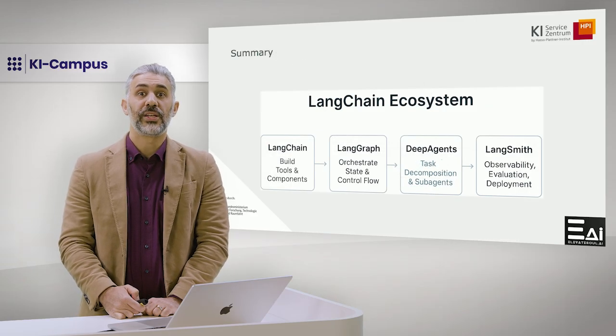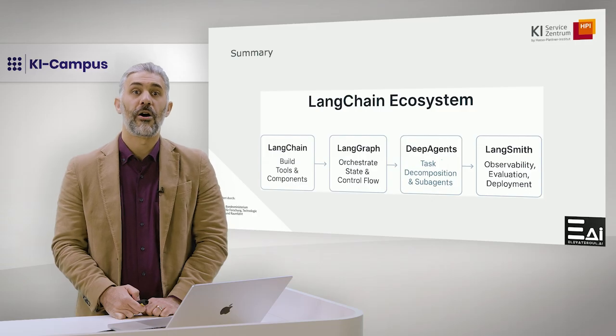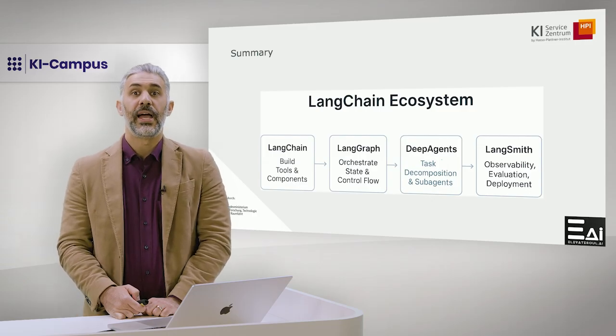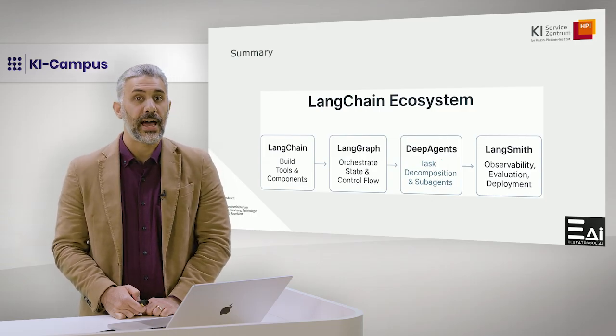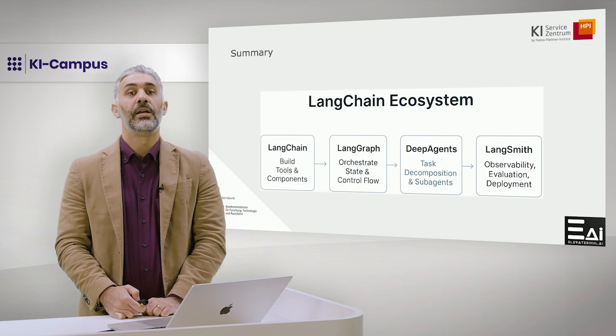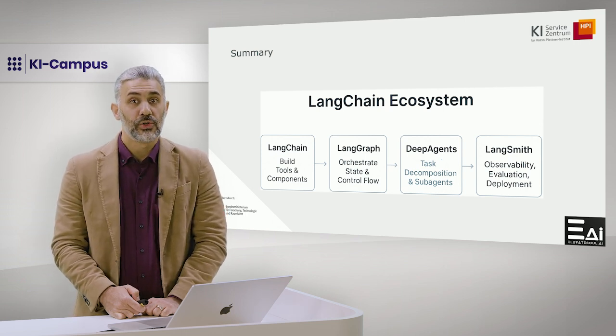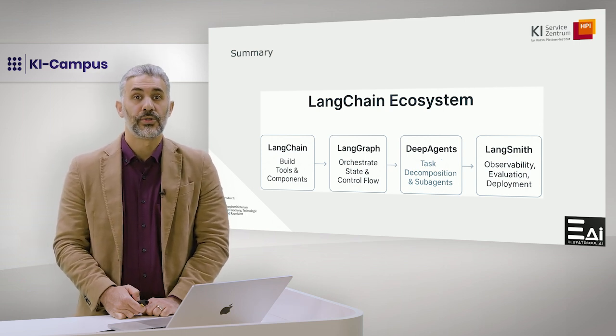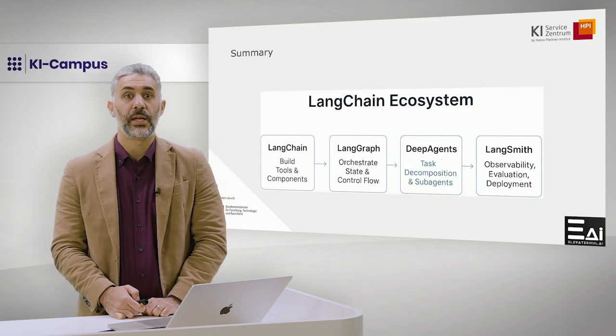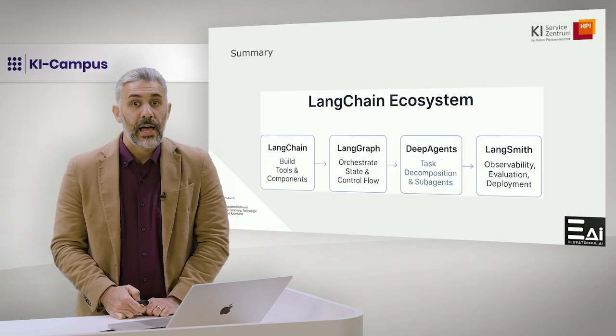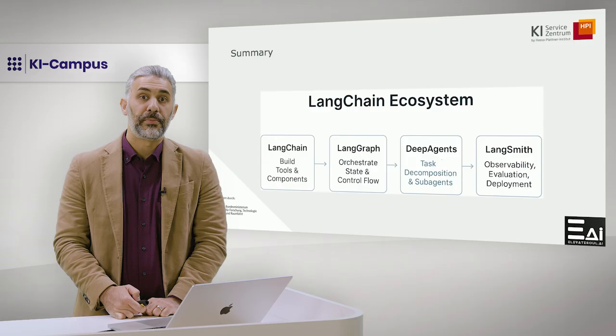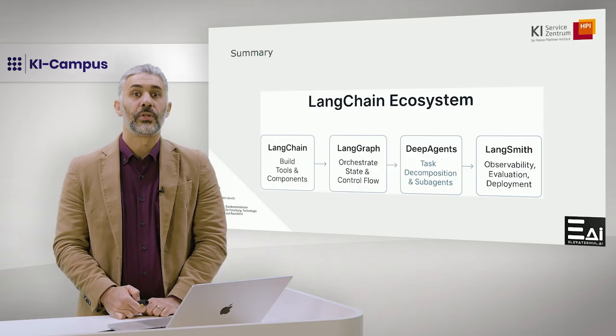In this video, we explored the core components of the LangChain ecosystem and how they support agentic AI systems end-to-end. LangChain provides modular building blocks, prompts, tools, retrievers, memory, and agents, allowing developers to construct LLM applications in a structured way.